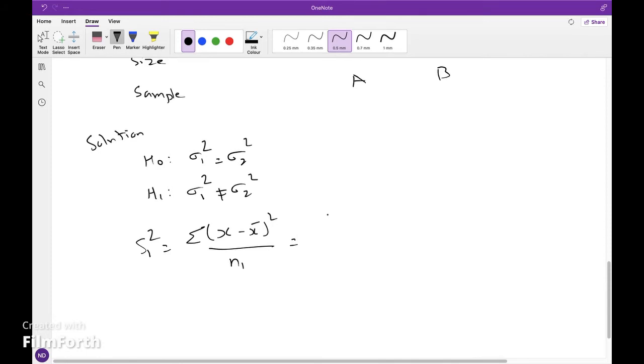The sum of squares of deviation from the mean is 84.4, n1 is 8. Variance of the sample B, s2 squared, is the sum of y minus y bar the whole square by n2, that is equal to 102.6 divided by 10.